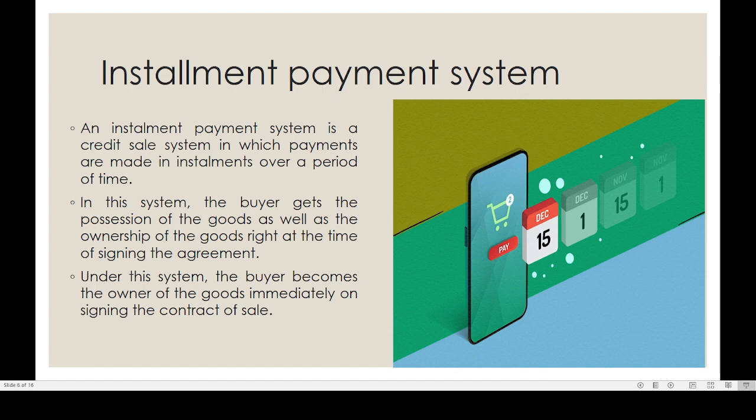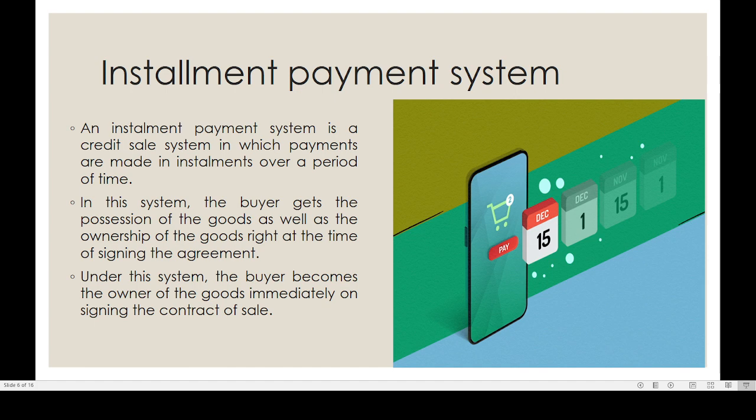If I purchase the phone by using EMI, that is called an installment system, not the hire purchase system. Why? Because once I purchase the phone, even if I have not completed the EMI, I am the owner of that phone. Hope you are getting the difference between hire purchase and installment.